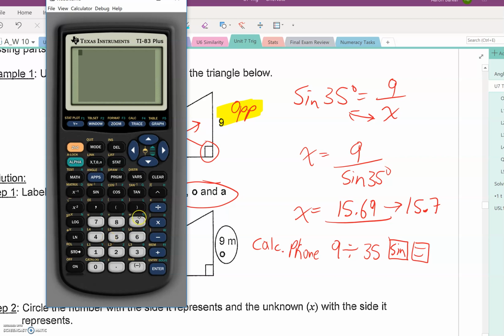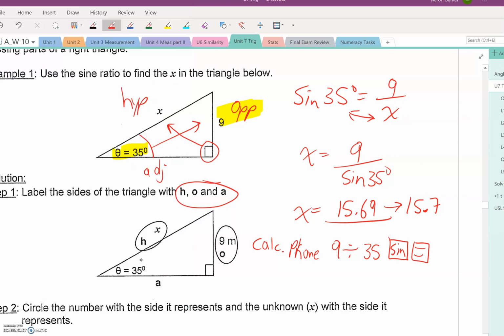It's a little bit tricky to do. I go 9 divided by sine 35 equals, and I get the exact same answer. Okay, so that's one step when the unknown is on the bottom. That's the hard one.